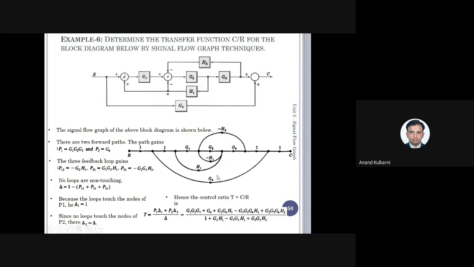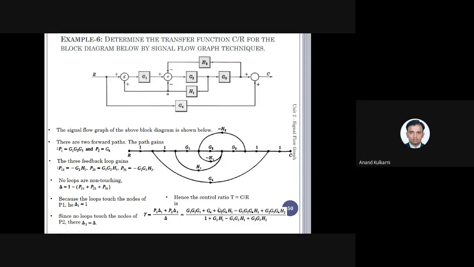All three loops are not touching this forward path. So they have taken 1 minus loop number 1, loop number 2, and loop number 3 into consideration. Delta 1 is 1. Delta 2 is this. They substituted the values and got the answer.